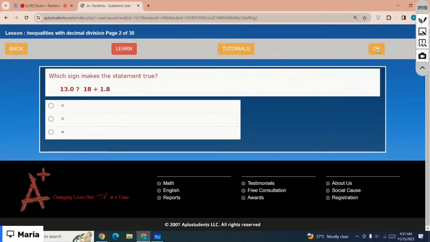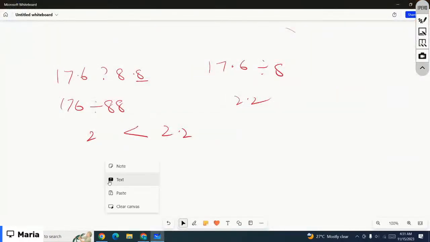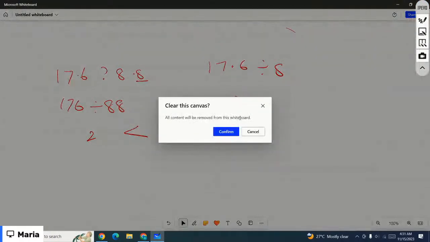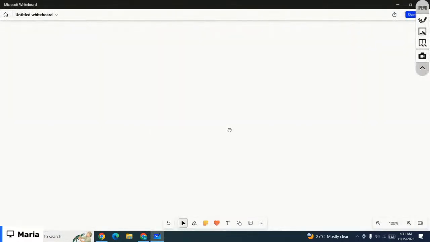Okay, you have 13.0 and 18 divided by 1.8. 13.0 means that is 13, simply 13, right? And 18 divided by 1.8, right? So you have one decimal place here. That means for both the divisor and dividend, you need to move one place, right? So it is 180 divided by 18, that is obviously 10.